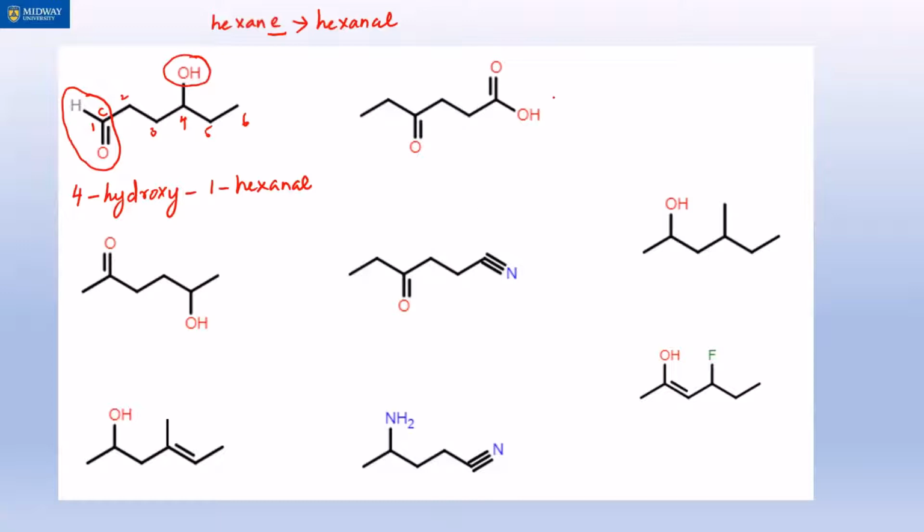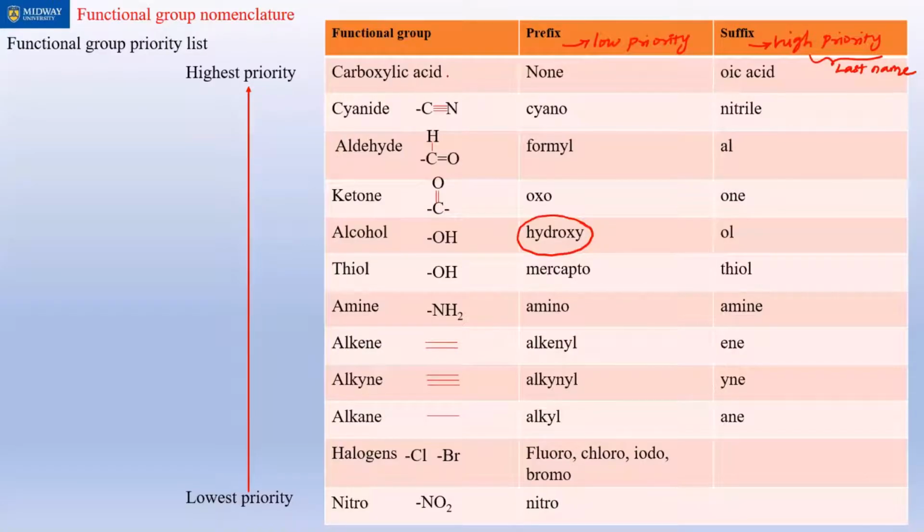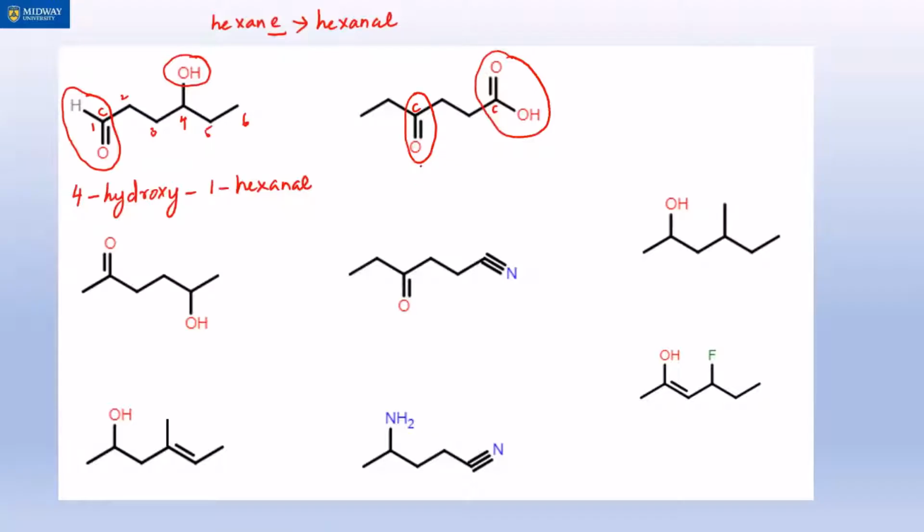Again, second compound: this is the acid functional group, so circle it. This is the ketone functional group, circle it. These are my two functional groups in the compound. If I go back to the chart, the carboxylic acid is the highest functional group, and then your ketone is slightly lower in priority. So which side do we start numbering from? This side.